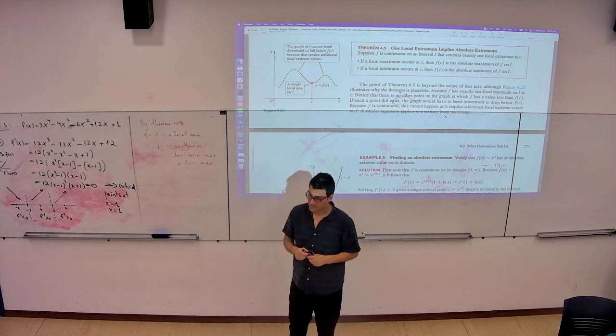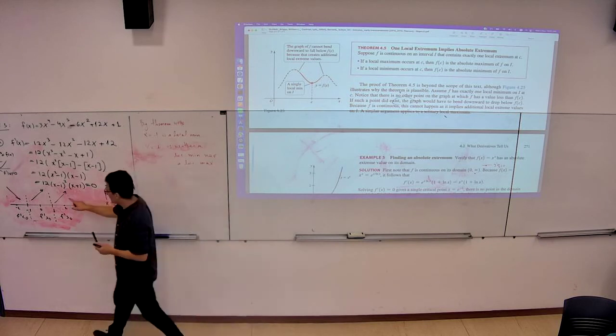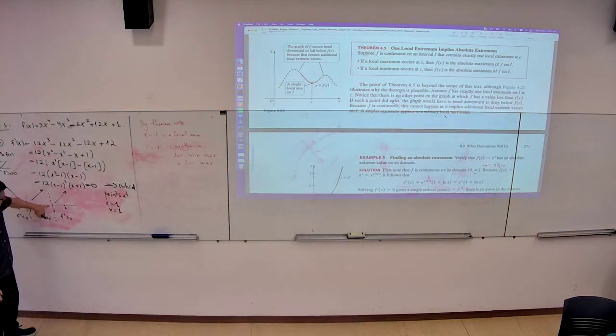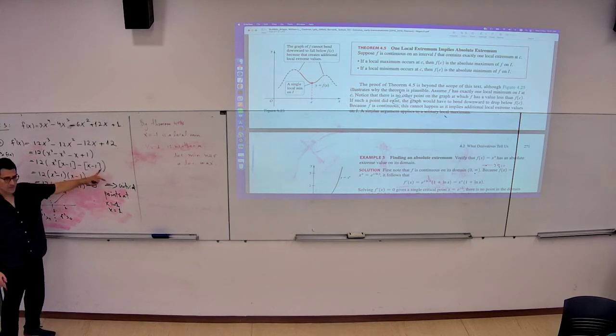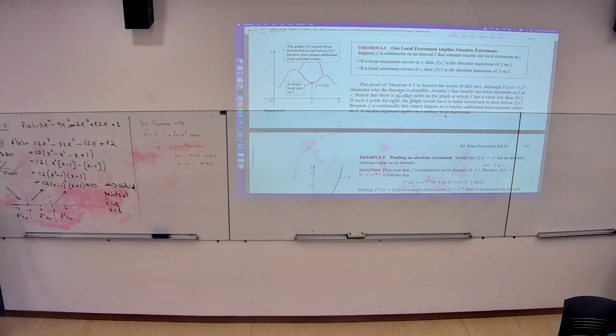Okay? So that's why. If the function past the point 1 here, for example, is increasing, then it's going to keep increasing forever. Because if it doesn't, then there should be a critical point somewhere. But we didn't detect any additional critical points. Okay? Much better. Okay?